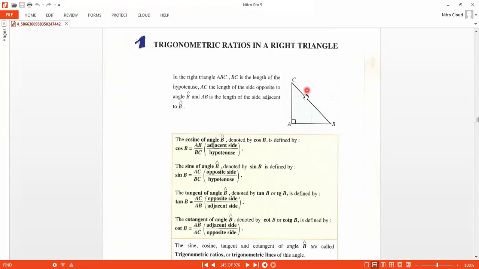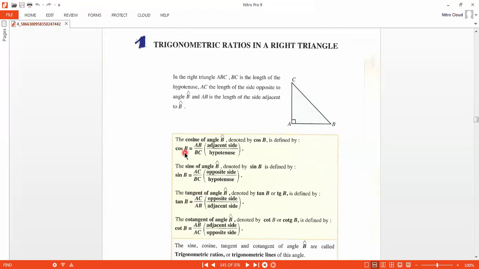So in right triangles, we have CB, which is the hypotenuse, opposite to the right angle. Here we have AB and CA. We have important trigonometric lines, we call them the cosine, the sine, the tangent, and the cotangent. They are called trigonometric ratios or trigonometric lines.